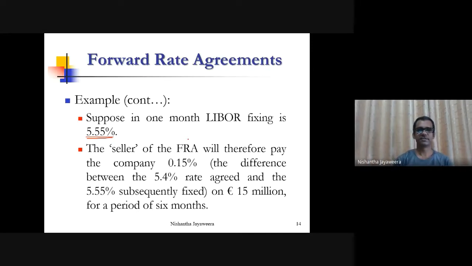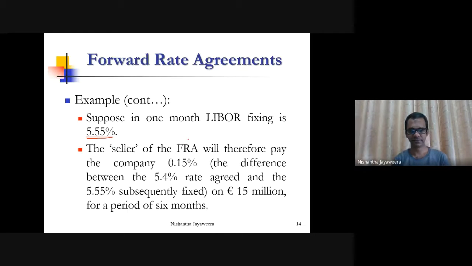Whether the treasurer or the company makes money or loses money on this agreement, or forget about gain or loss, should the company pay the interest difference, or receive it? Receive the interest, because 5.4 is the fixed rate. Now the reference rate is 5.55.